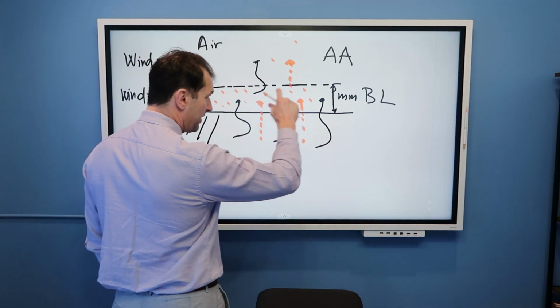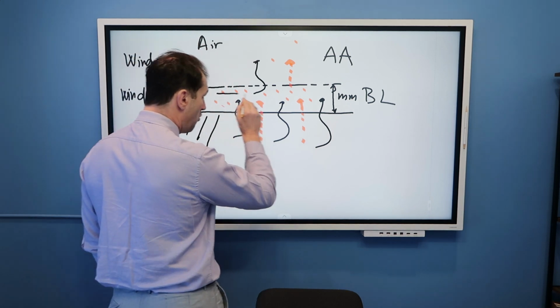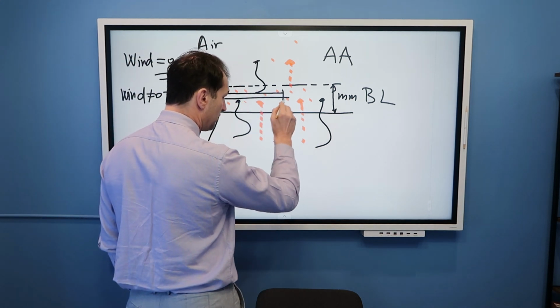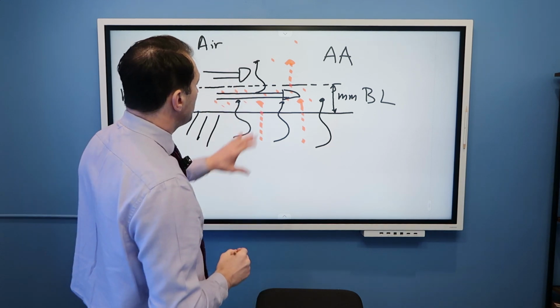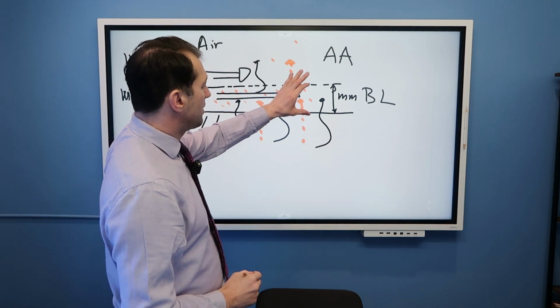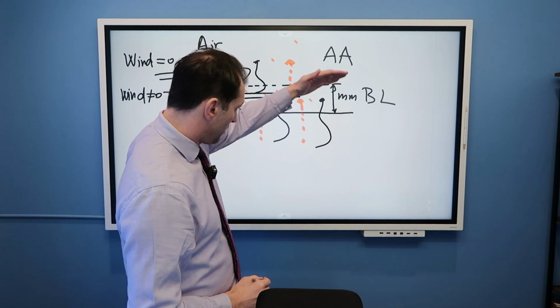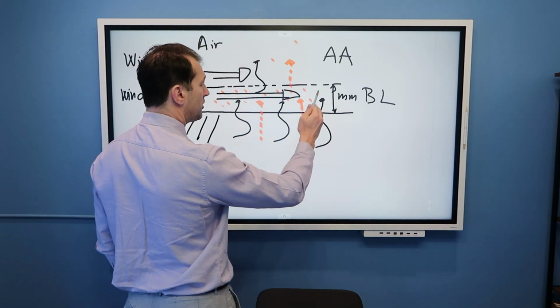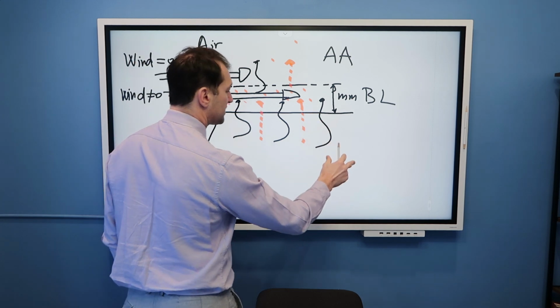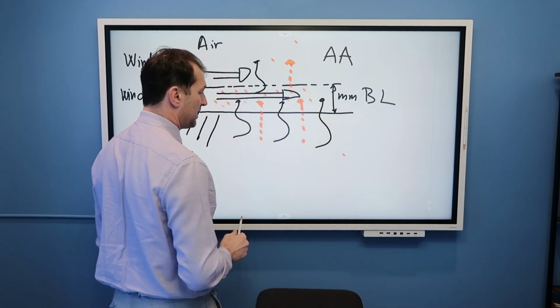So this warm air here is moved by the action of wind, as well as this air here. So there is no more boundary layer of the order of thickness of a few millimeters to protect us and serve as the buffer zone between the skin and the ambient atmosphere.